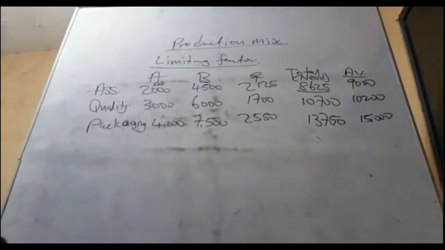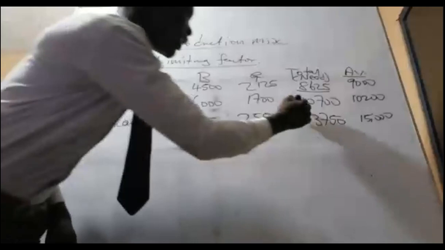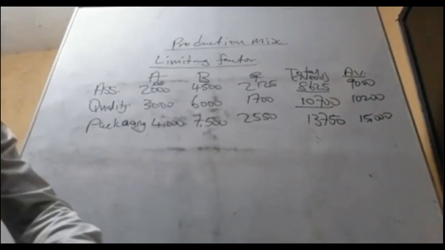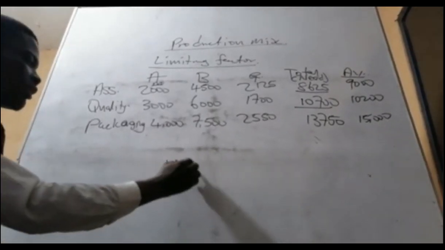Great. Let's go to quality. For quality, we need 10,700, right? Yes, we need 10,700. But for quality control, what do we have? 10,200. So is it limited supply or an abundant supply? We need 10,700, but we have 10,200.